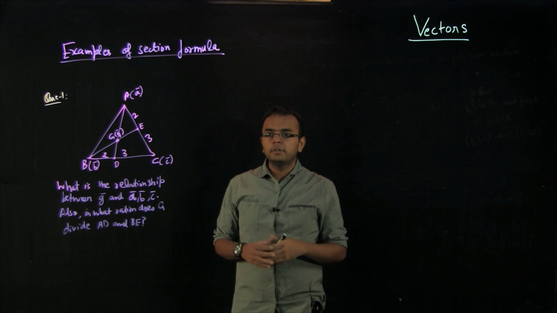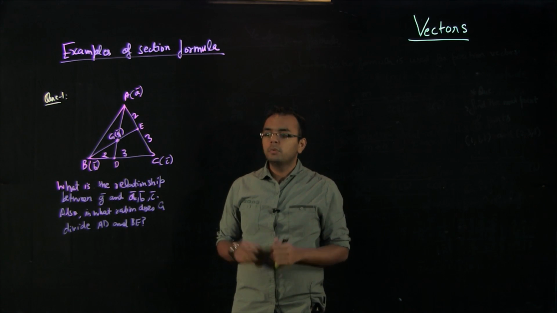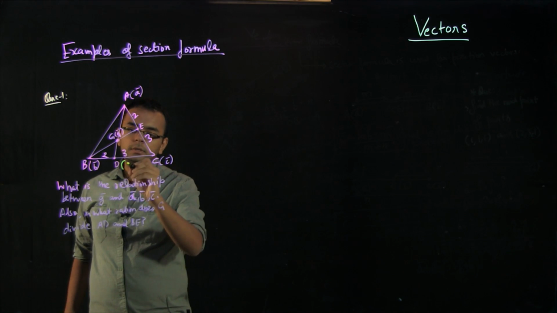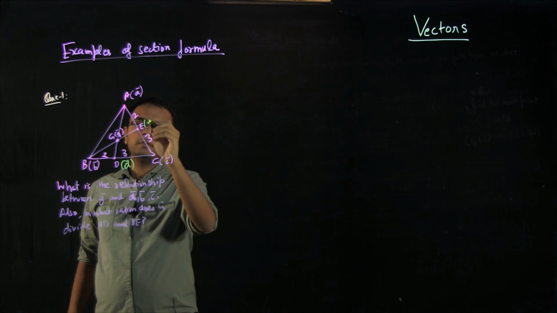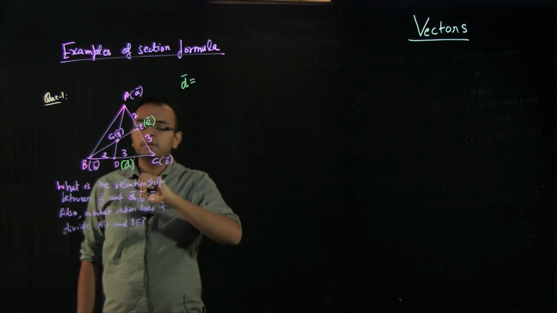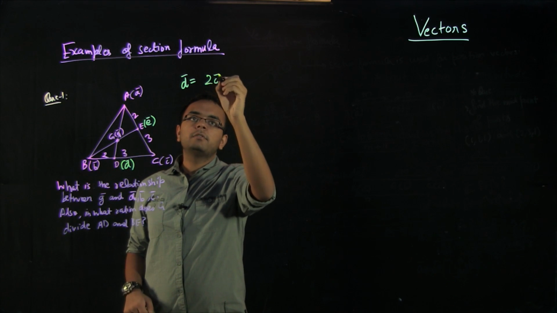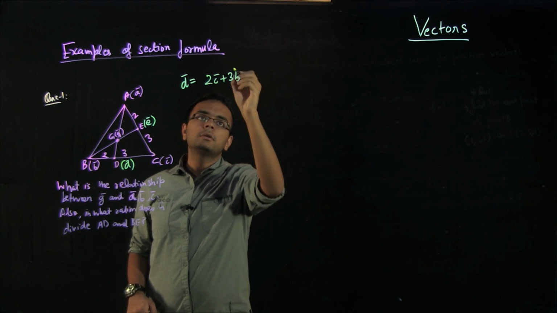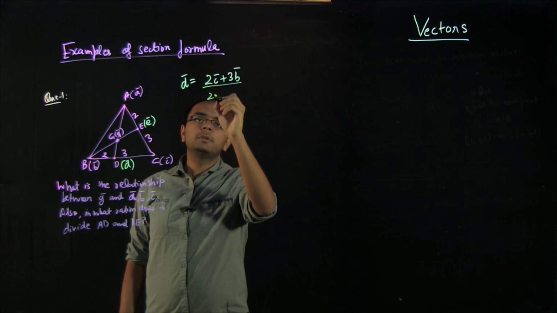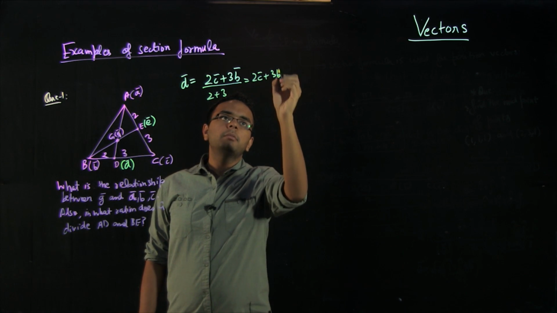So the way to think about this problem is to first write what we already know. We know how to write the coordinates of D. So let us call this D vector, and let us call this E vector. We can write D vector as 2C vector plus 3B vector, divided by 2 plus 3, or nothing but 2C vector plus 3B vector by 5.